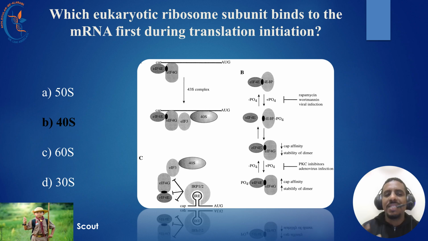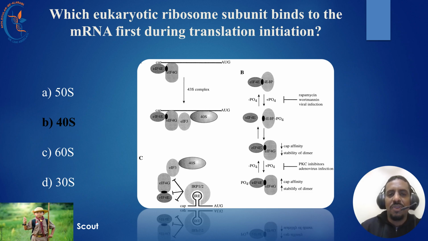Once it identifies the start site, the larger 60S subunit joins to form the complete 80S ribosome. So we need to think of the 40S subunit as the scout that locates and attaches to the messenger RNA, setting the stage for the larger 60S subunit to join and start building the protein.